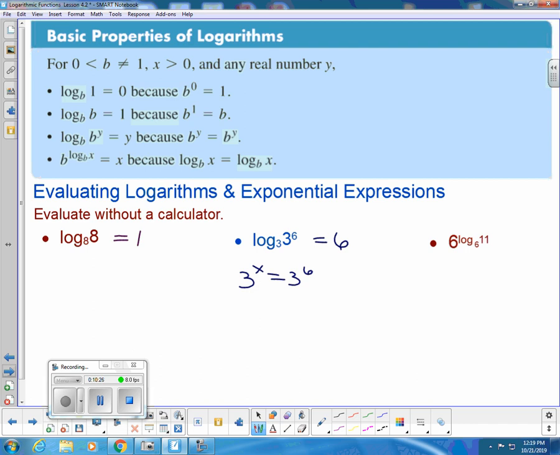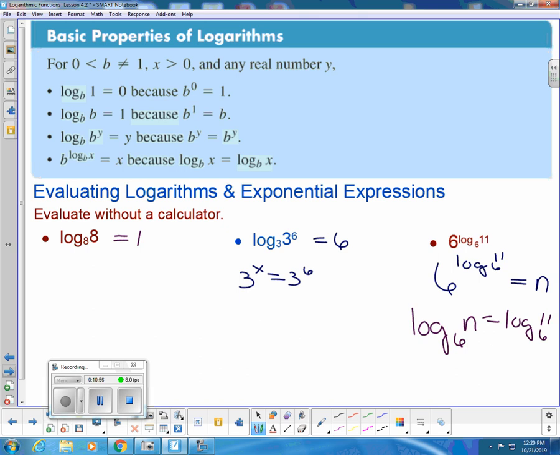Over here, this is an exponential form. I'm going to write this a little bit bigger so you can kind of see what I'm talking about. This whole thing is the exponent. So we're in exponential form right now. So we want to write it logarithmically. So the log of the base n equals the exponent. What does the n equal? 11.